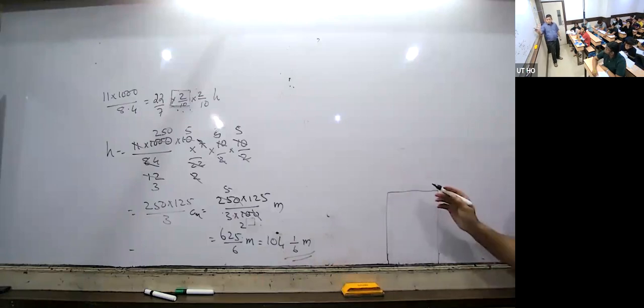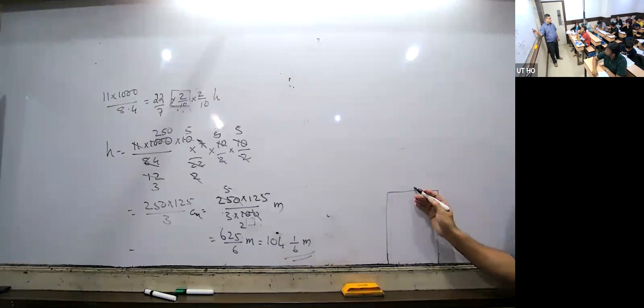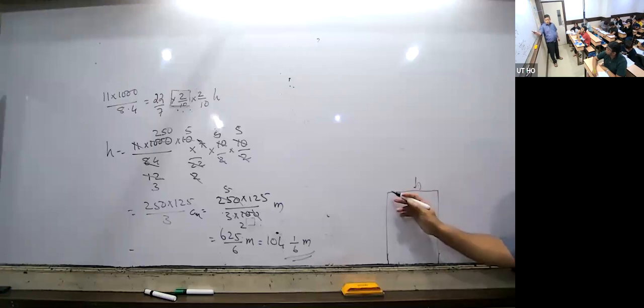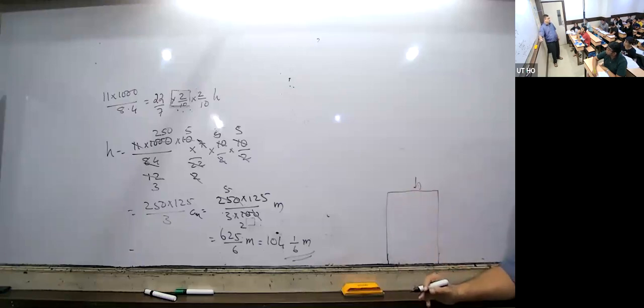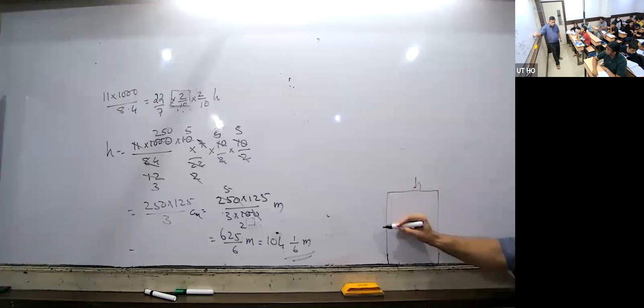Now, what will this be? That is the length or height of the cylinder. What will this one be? That is the distance traveled. That is the circumference.